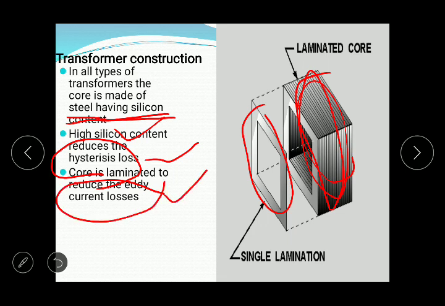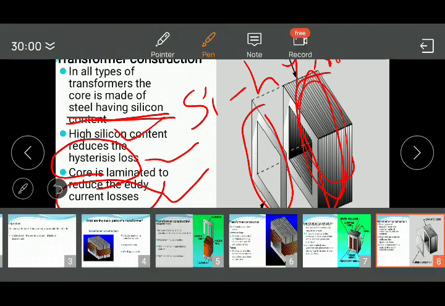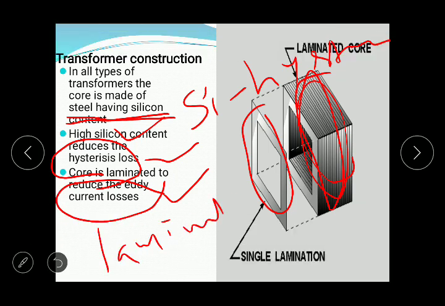So the silicon reduces the hysteresis losses and lamination reduces the eddy current losses. This is a very important point.